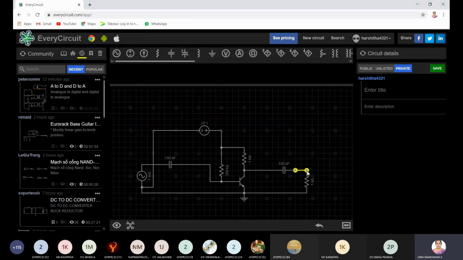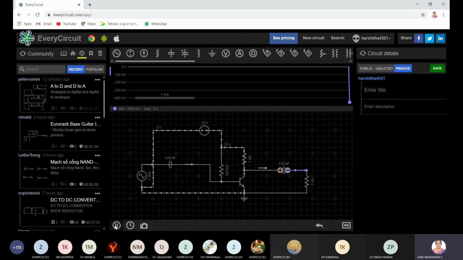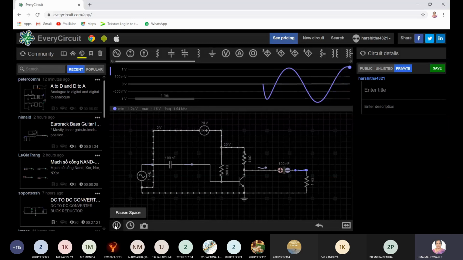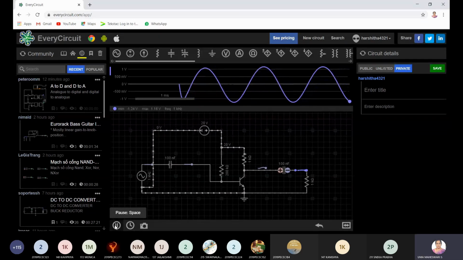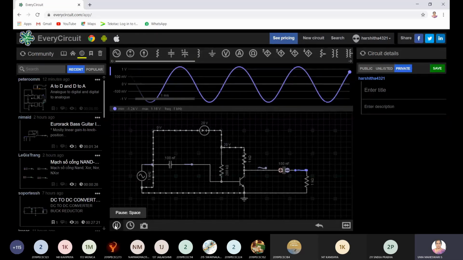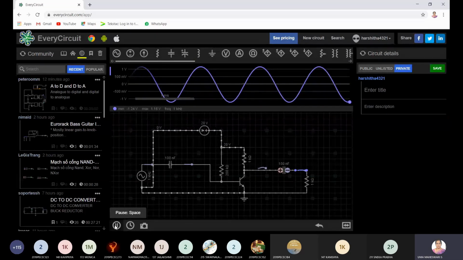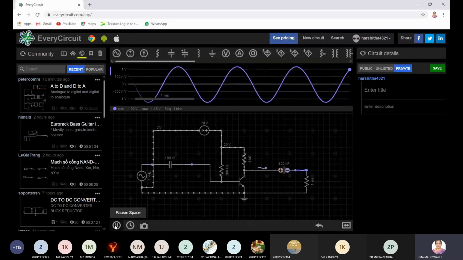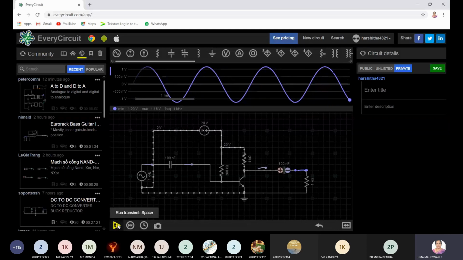Now, when I select this 1K, I can see the output waveform. So you run it. As I told you, you're going to get a proper sinusoidal signal whose amplitude is going to change from minus 1.24 to plus 1.16. So if you want, you can pause this and see.